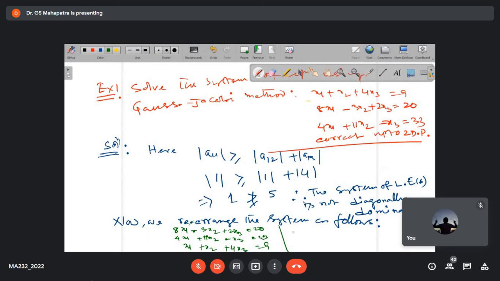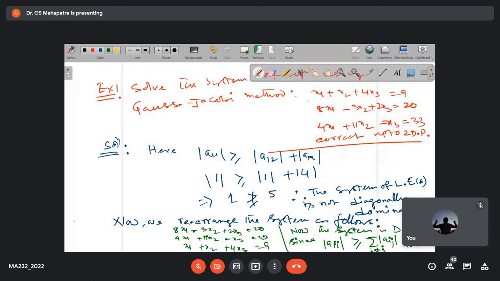Now the system is diagonally dominant since mod of aii is greater than or equal to the summation of mod of aij for i equals 1, 2, and 3, i not equal to j. You can check it.